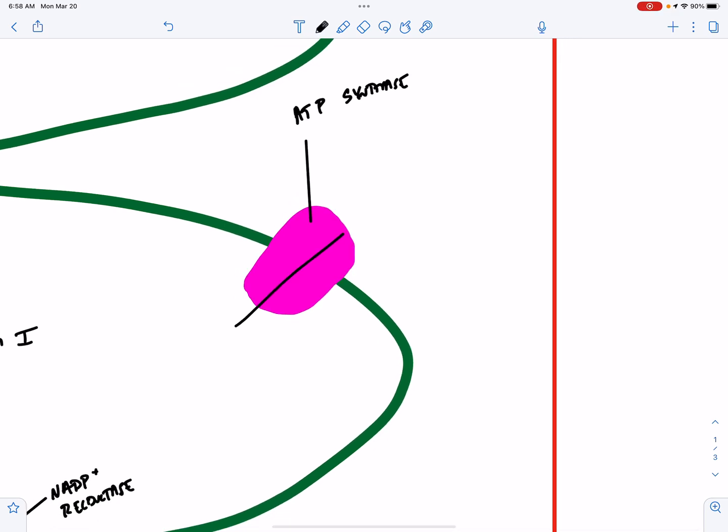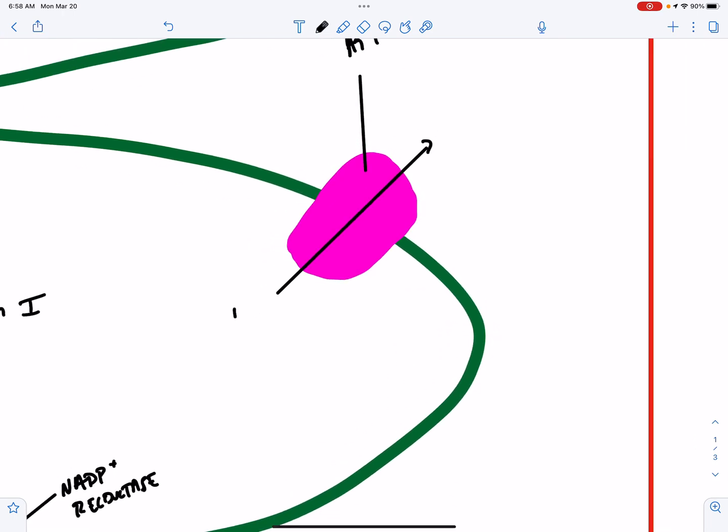Because there is a concentration gradient of hydrogen across this membrane, there's a pressure out. Hydrogen is going to pass through the ATP synthase, and as it moves down its concentration gradient, it is going to drive the formation of ATP from ADP and phosphate. We're going to make ATP.